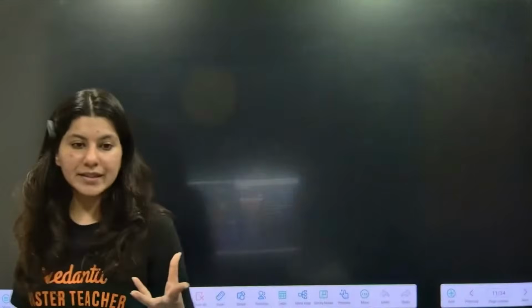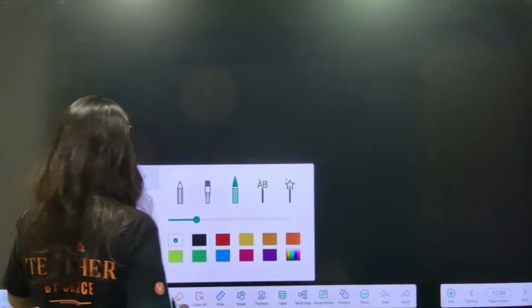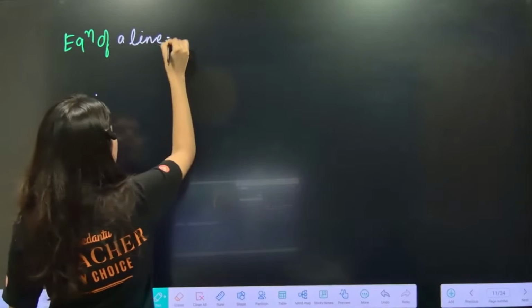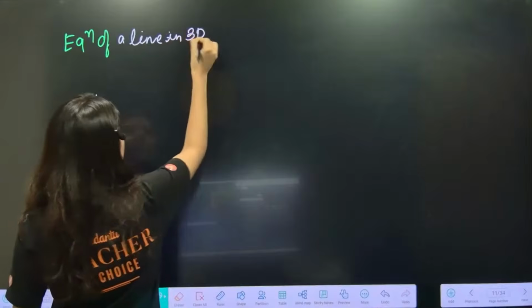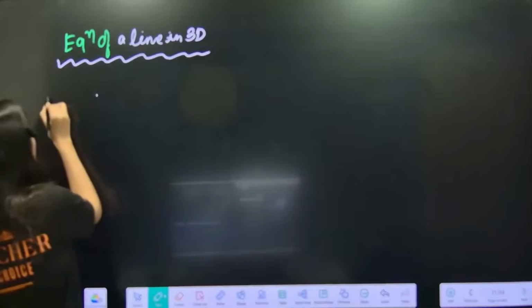Now here comes one very interesting point, which is how to write the equation of a line. Equation of a line in 3D, and in vector form as well. First of all, vector form.